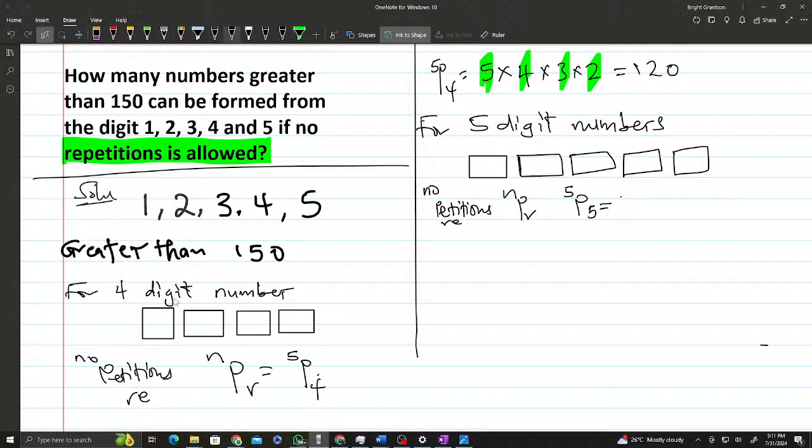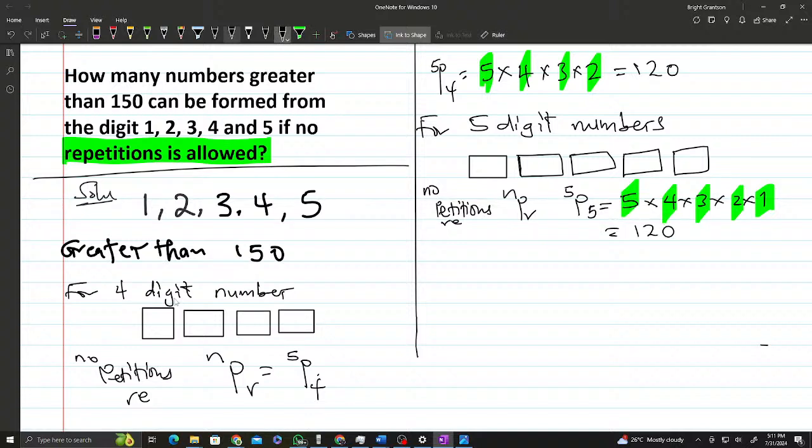And 5 permutation 5 is the same as 5 times 4 times 3 times 2 times 1, because I'm multiplying out 5 times. So that also gives you 120.